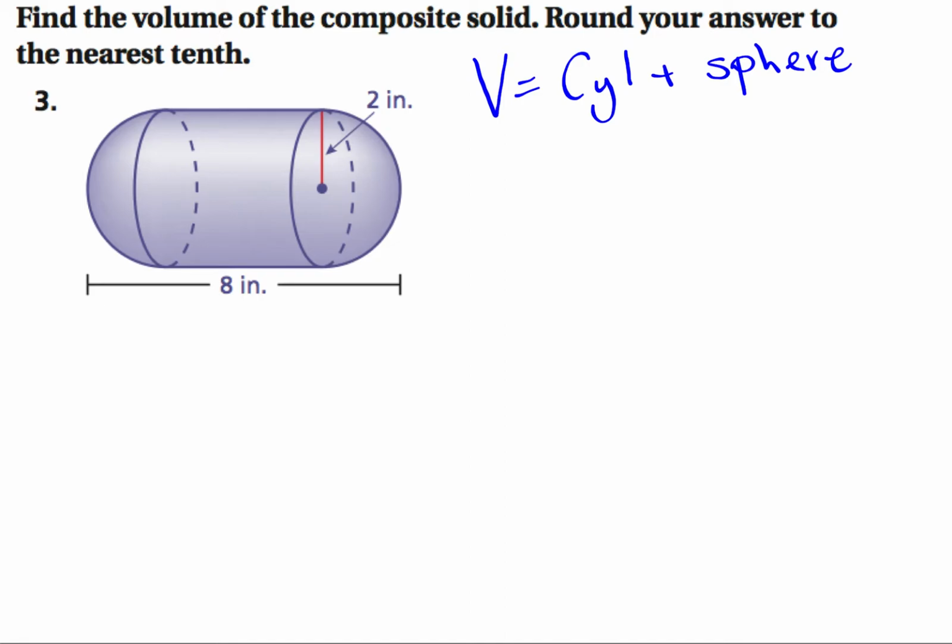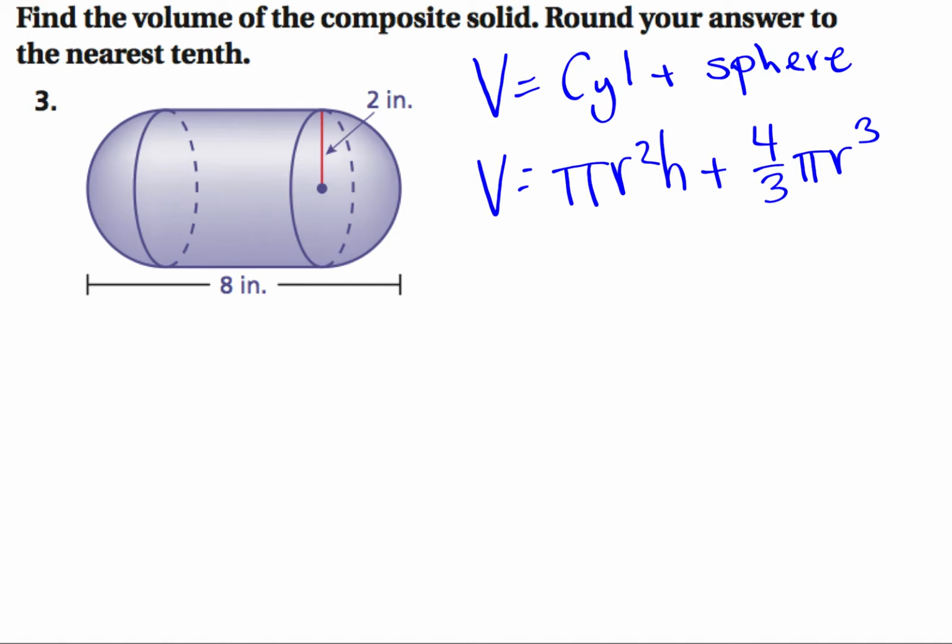Looking at the cylinder and the hemispheres, they all have the same radius. So, I'm going to do the cylindrical part, pi r squared h, and since the r is the same, I can just do the sphere as 4/3 pi r cubed.